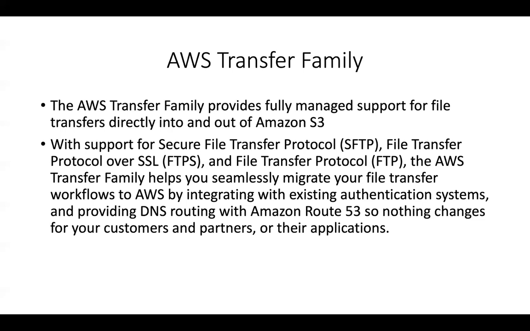So if you have a Microsoft Active Directory, or if you would like to set up your own LDAP server, AWS Transfer Family automatically authenticates with those external authentication systems also. It also provides DNS routing with Route 53, so you can associate a domain name with your SFTP server so that nothing changes on your customers' or partners' ends, or even on their application side, while uploading files through this SFTP server all the way to an S3 bucket, right?